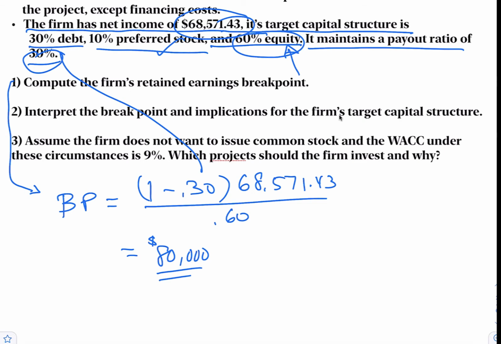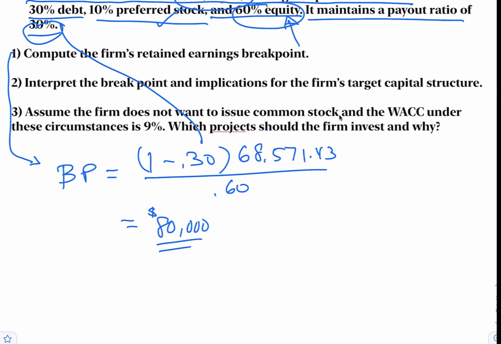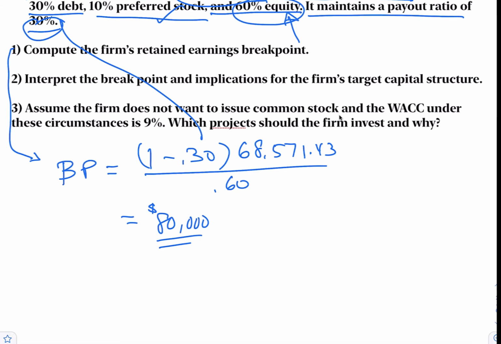That's an interesting question. And it's a point where the textbook seems to fall down and doesn't do a very good job. So let me give you a little better description of what's going on behind the scenes with this $80,000. Because the way it's written and the way it's described, for example, let me show you. It's called a retained earnings breakpoint.